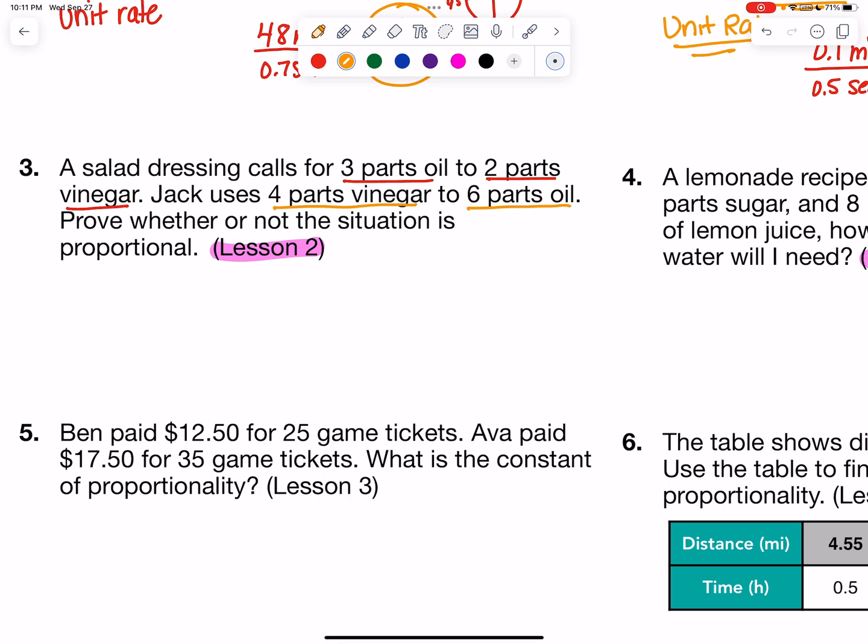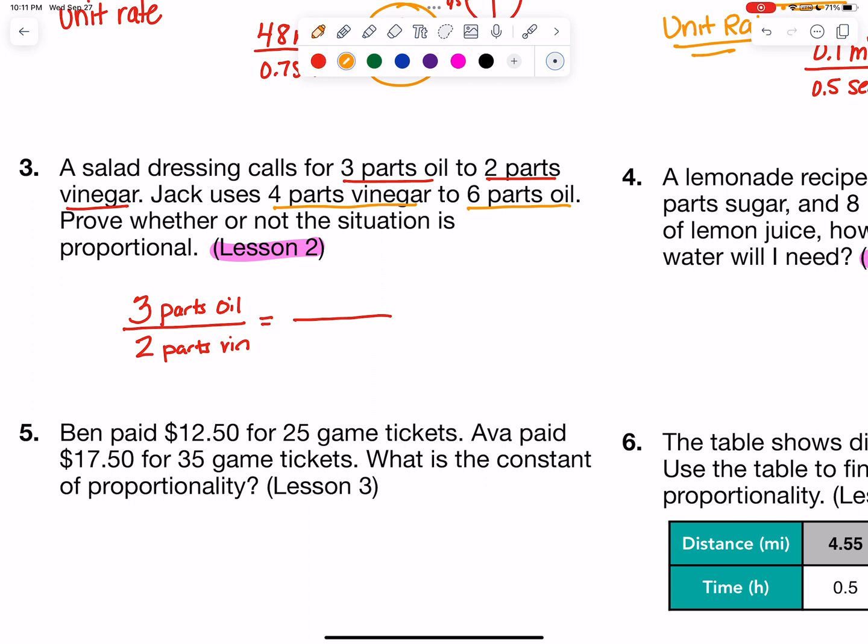So we have 2 ratios, and this one is about proving whether or not they're proportional. Remember, we have a couple ways of proving if something is proportional. So let's first set it up. 3 parts oil over 2 parts vinegar. And let's set it equal because we're saying we think they're equal, but we're not sure.